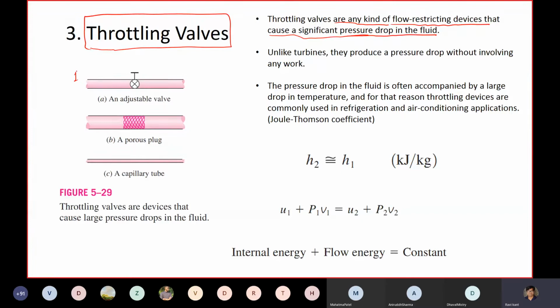So let's suppose this is your inlet, this is your outlet, and these throttling valves are made up of some adjustable valves or porous plug, or it is made up of capillary tube. Because of these geometrical constraints, the flow that is happening from one to two, your pressure drastically decreases.